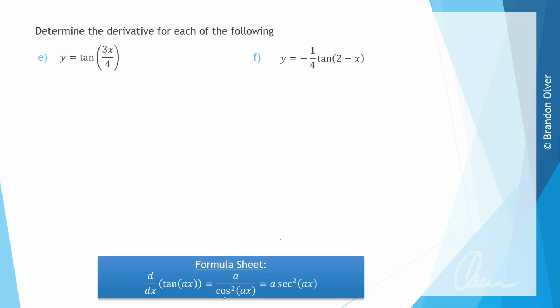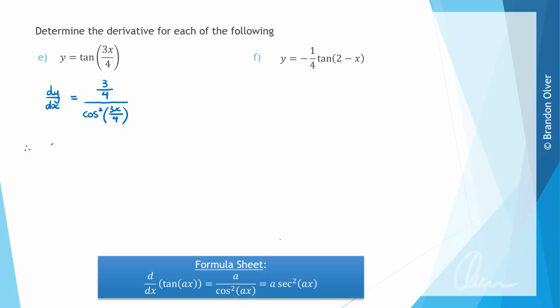So first of all, if we represent it in that first form, which is a over cos squared of ax, this derivative would be dy dx is equal to the a value, which is the coefficient of x, which is 3 over 4. So we'd have 3 over 4 divided by cos squared of ax, which is cos squared of 3x over 4 for this question.